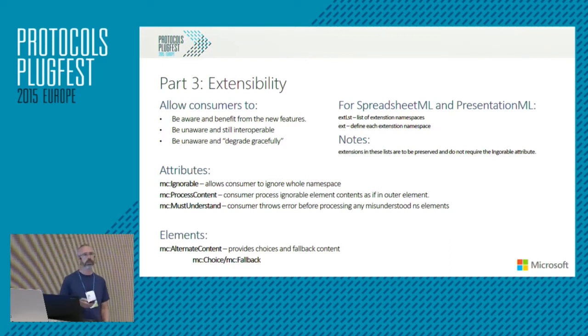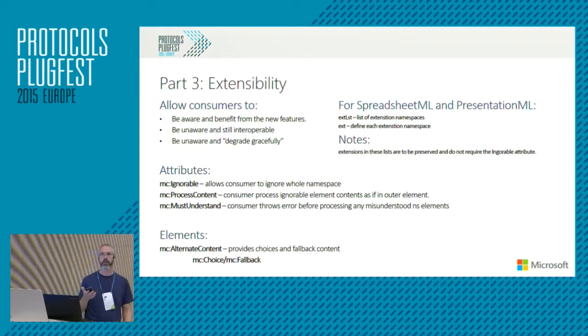So there are attributes in MCE that are used for this. They are the ignorable attribute, process content, and must understand. These are very interesting. The ignorable attribute just basically says, if I have a namespace that I've added, that I've extended the markup language with, say a version of Word or a version of my own application, I'm going to put that namespace at the top, say the document element in the document part.